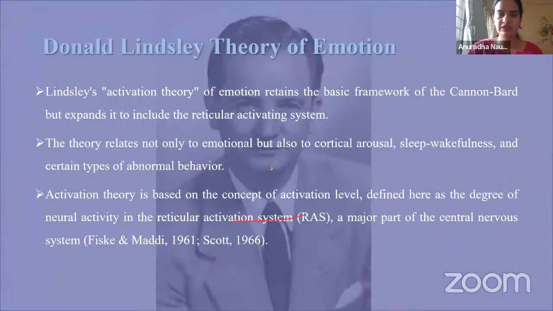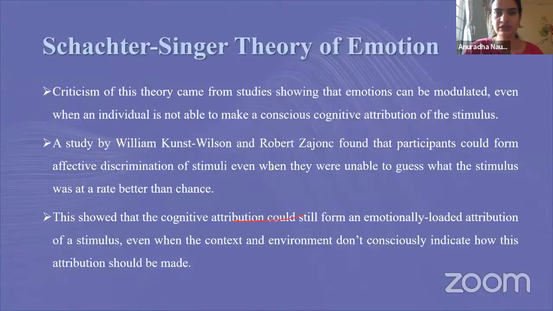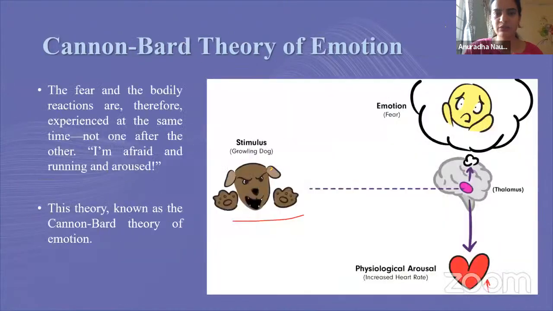So this was Donald Lindsley. He talked about basically the Cannon-Bard theory, that there will be simultaneous reaction and physiological arousal, but he added something to that, which is the reticular activation system. One more thing that you have to see is that in Cannon-Bard's theory, the thalamus has been defined, but not the reticular activation system.